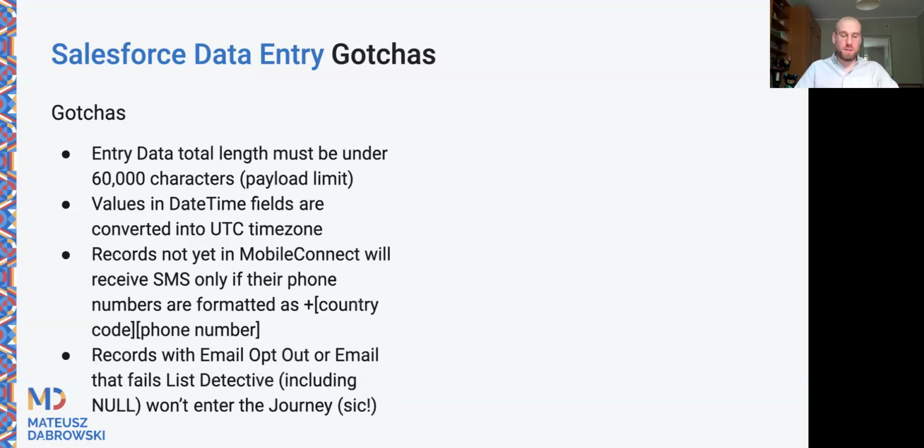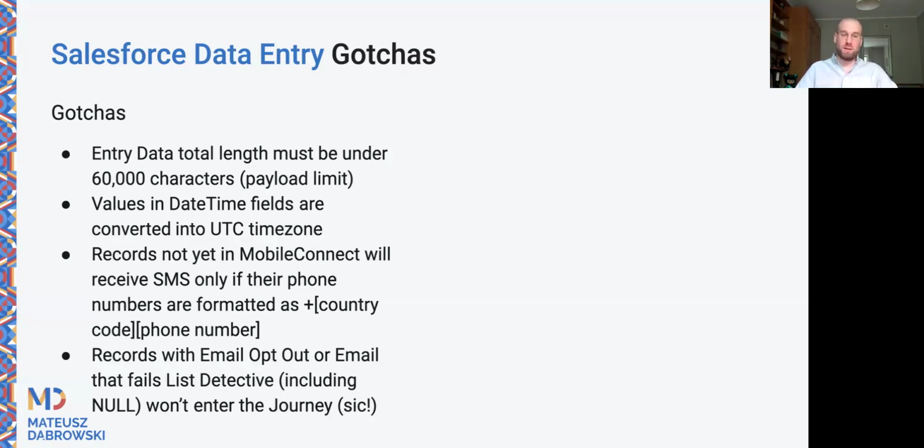Finally, from the big gotchas, if your record is email opted out, meaning the email opt-out field in the CRM contact or lead is checked, or the email fails the list detective rules, so it's null or has an info@ prefix or any other of the list detective rules, it won't enter the journey. And it means that it won't enter the journey even if you are not using the email activity within the journey.